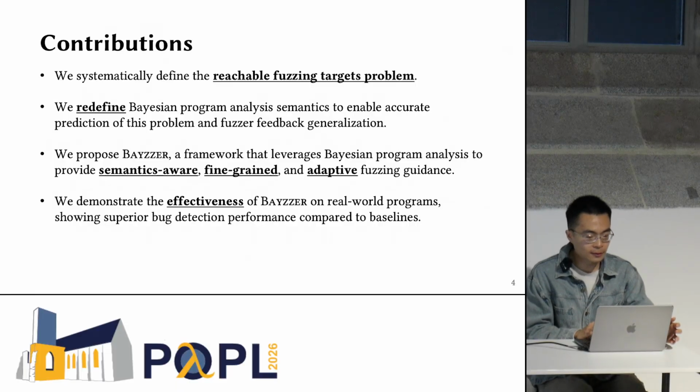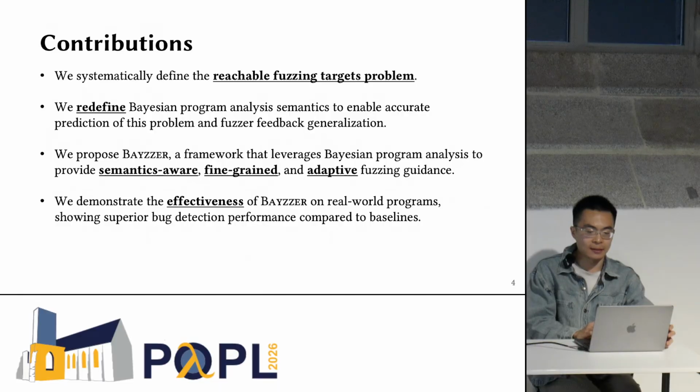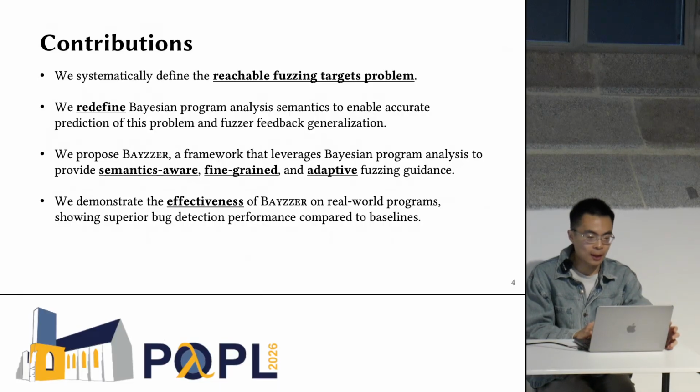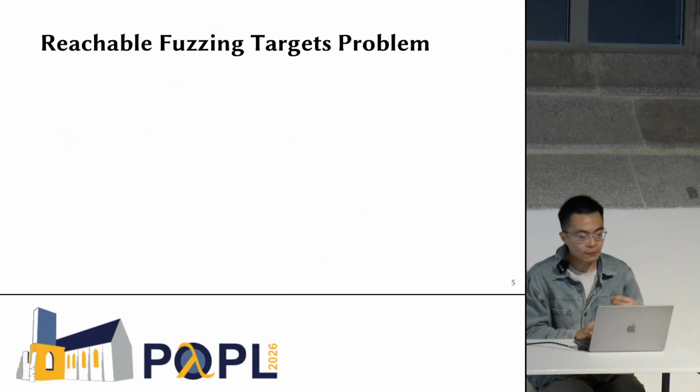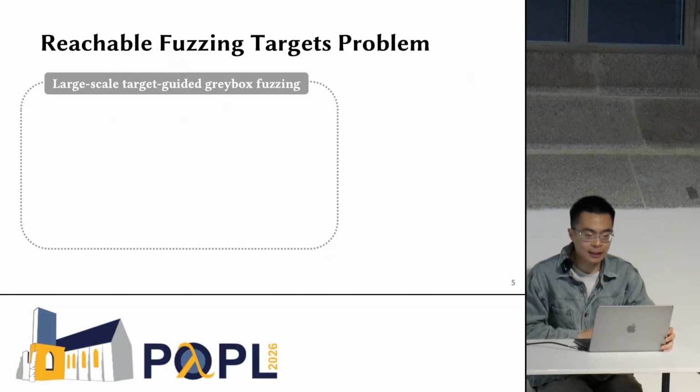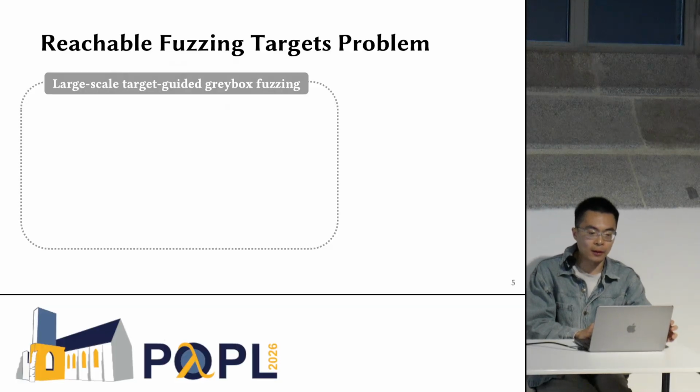Next, we first introduce the reachable fuzzing target problem, then present how our redefined semantics of Bayesian program analysis enables semantics-aware, fine-grained and adaptive guidance for LTGF, and finally describe our experimental evaluation. We first define the reachable fuzzing target problem. The entire LTGF process can be formalized as the following loop.